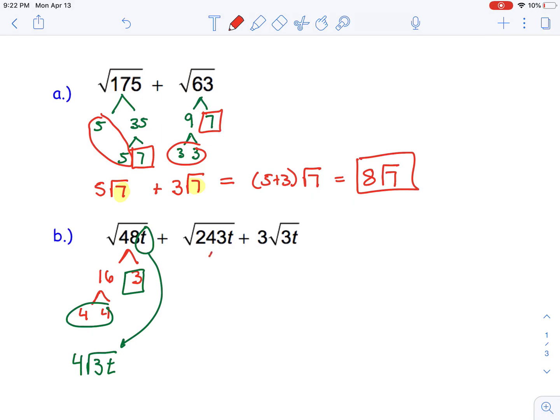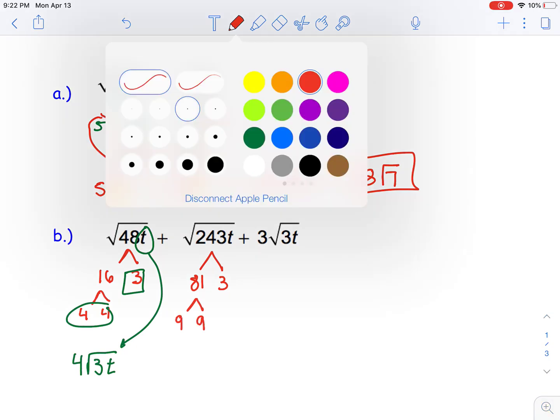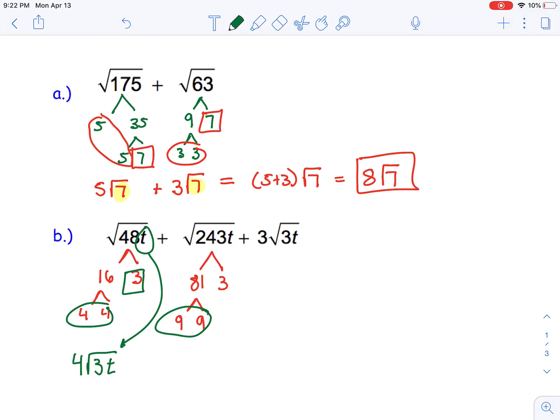We'll break down 243. That breaks down to 81 and 3. 81 breaks down to 9 and 9. So we have a pair of 9's that I can take out, and the 3 stays underneath. So it becomes 9 radical 3. And don't forget the t. I almost forgot the t. The t stays underneath there.